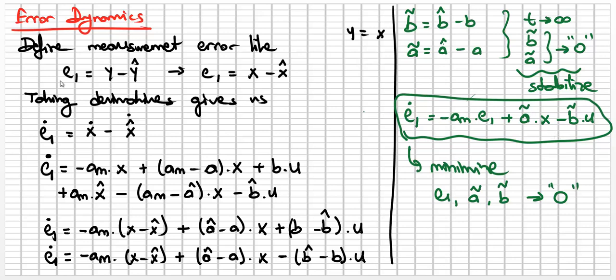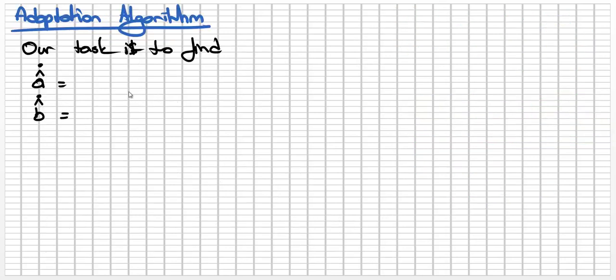So we should find A hat dot and B hat dot in order to obtain the future value of these things, or the past value or present value.